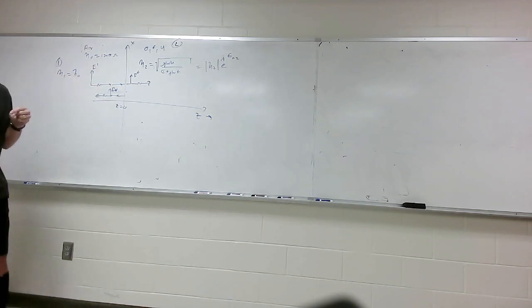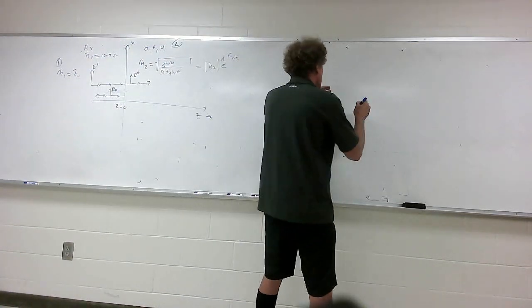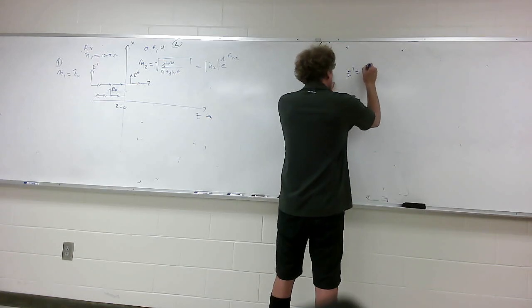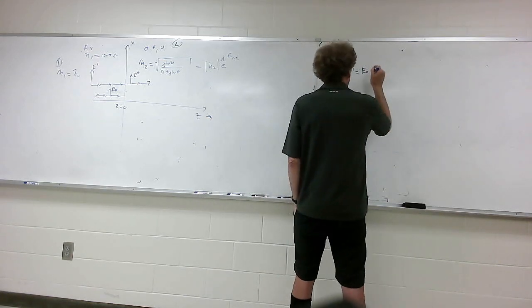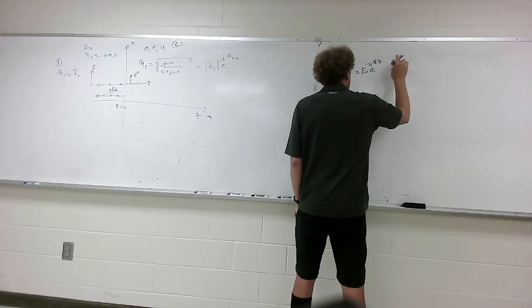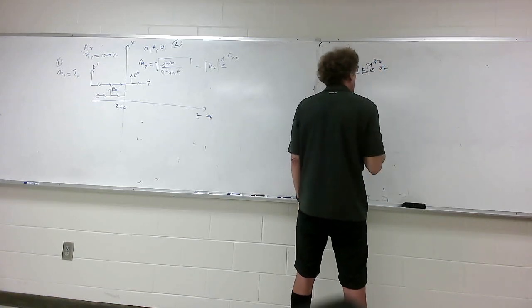I'm going to write the mathematical expression for this. The incident electric field will be rendered as, keeping it consistent with Dr. Wimperspoon, E naught, I'm putting it in air, so it's E naught e^(-jβ1 z) in the a_x direction. This is E naught incident.